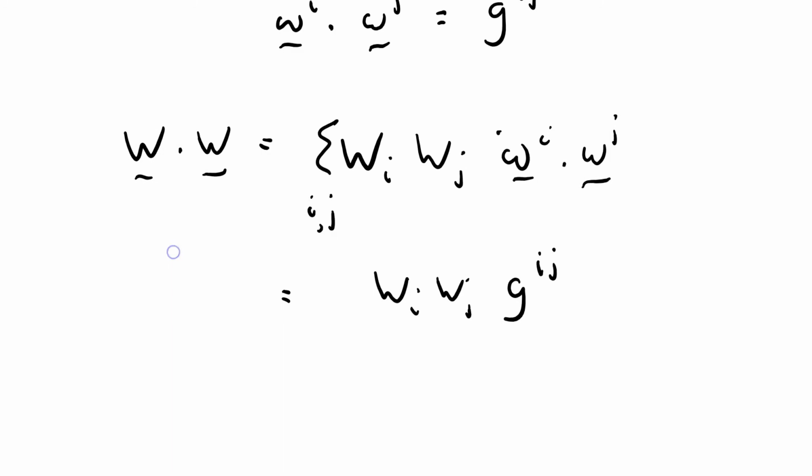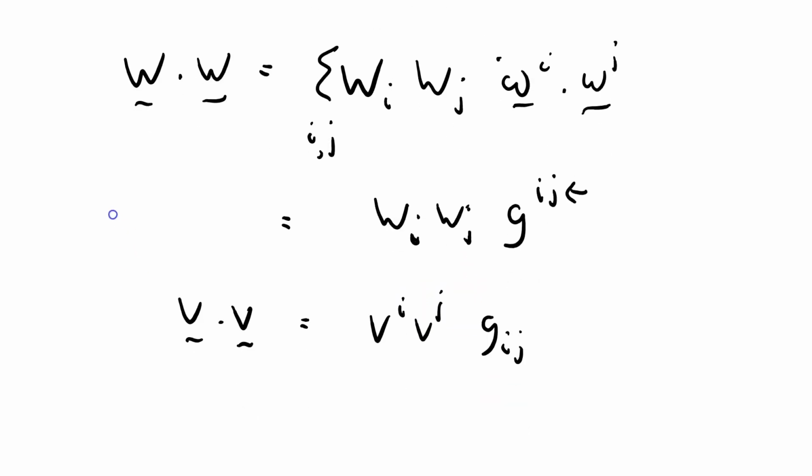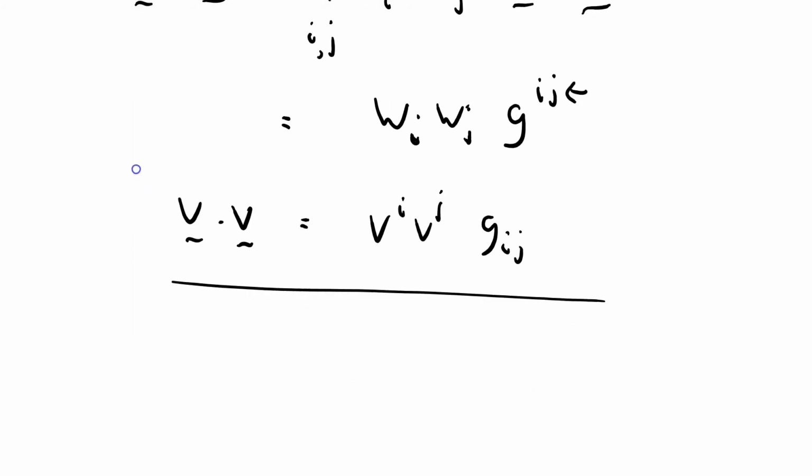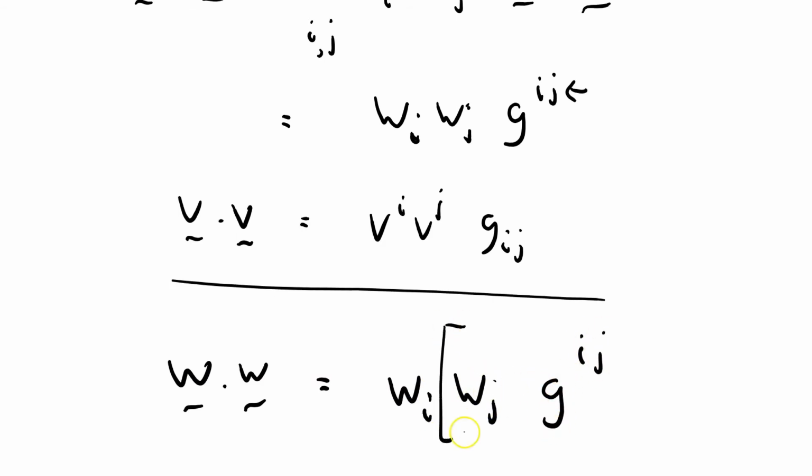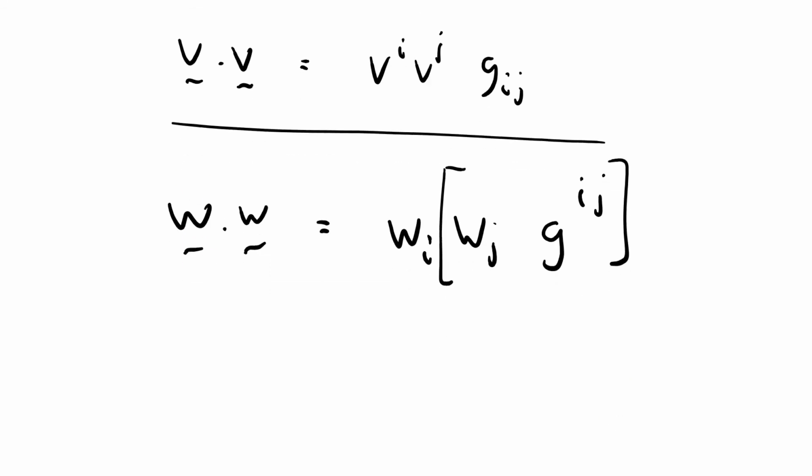So it's exactly the same as when we had a vector v in contravariant form, vi vj gij, except that we've got upstairs indices here to sum over with respect to the downstairs indices on the coordinates themselves. So let's just have a think about that. w dot w equals wi wj g^ij, and if I take this in a bracket here, I can just call that w with a superscript i.